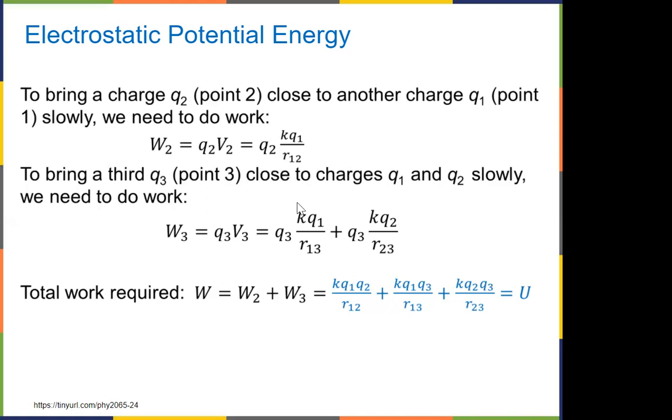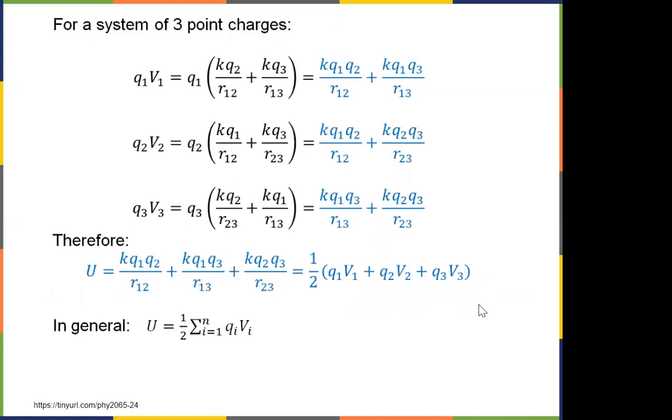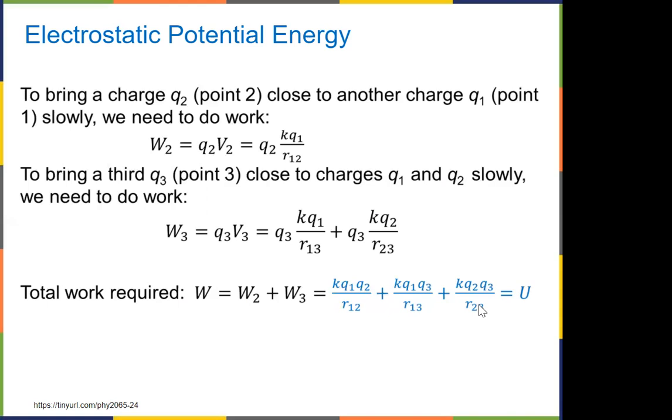Then you add those terms up: kQ1Q2 over R12, kQ1Q3 over R13, and kQ2Q3 over R23. That's the amount of work needed, which means that's the amount of electric potential energy built up in the system.